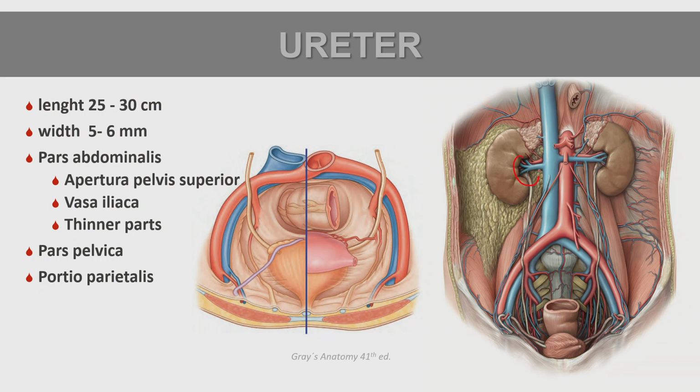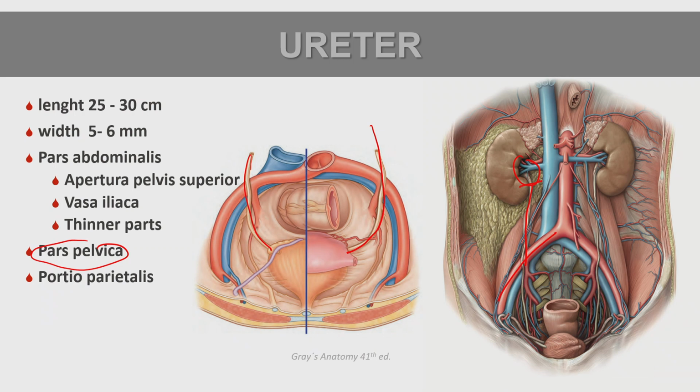The abdominal part is from the kidney to the crossing of iliac veins and arteries, and then it follows to the pelvic part. In the pelvic part, it is going this way, crossing some structures and then entering the urinary bladder.